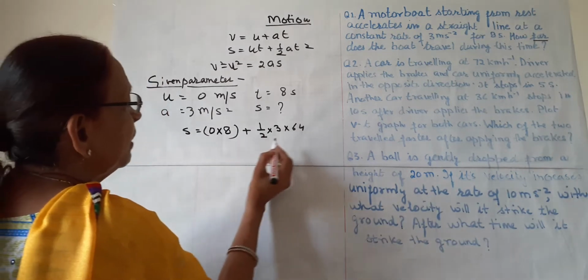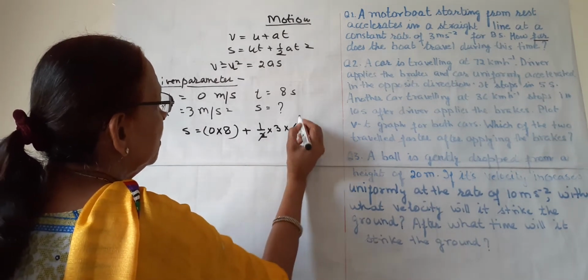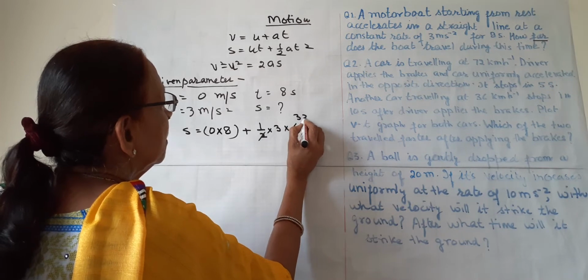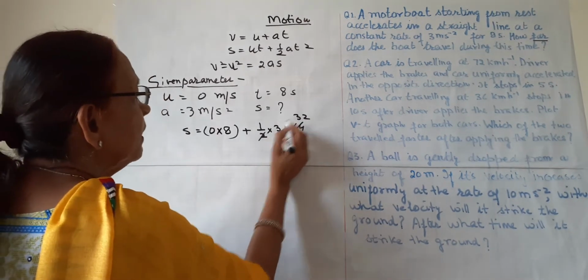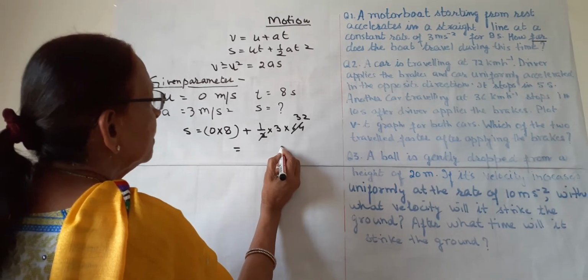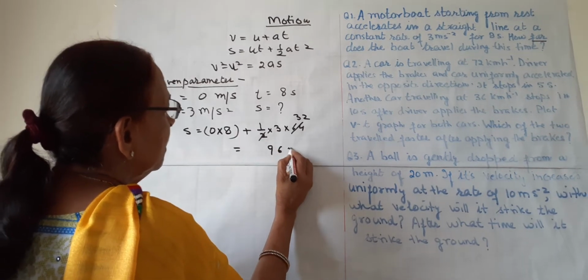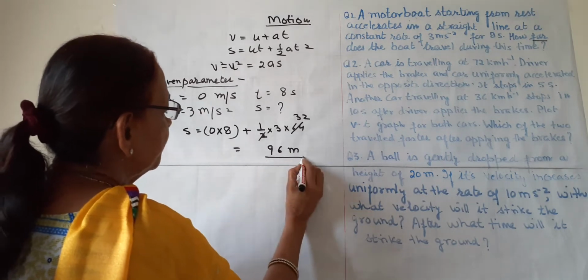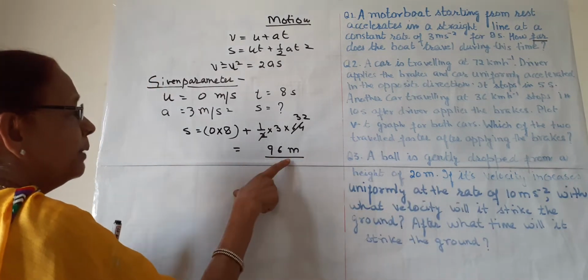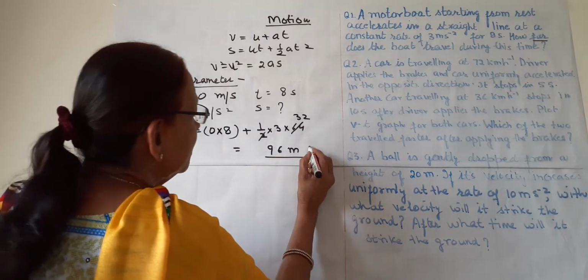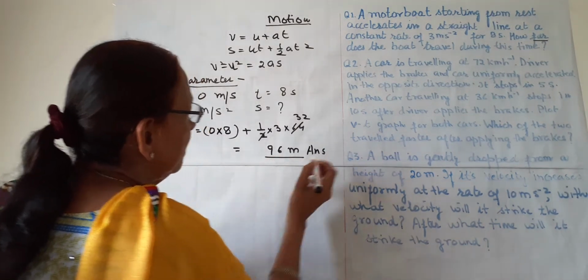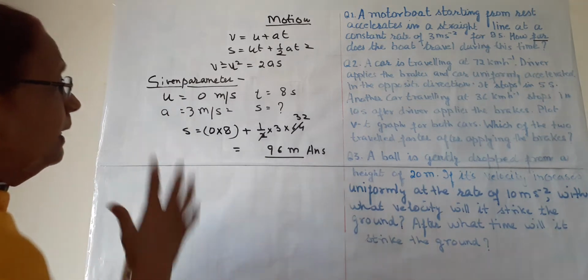What we will get is 3 into 32. 3 into 32: 3 2s are 6, 3 3s are 9, so 96 meter. The distance is in meter. So the answer is 96 meters. The boat traveled 96 meters in 8 seconds.